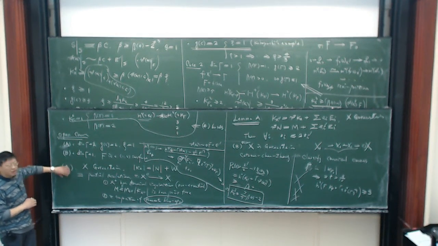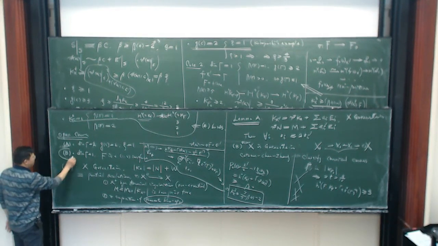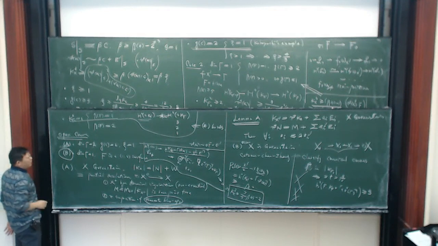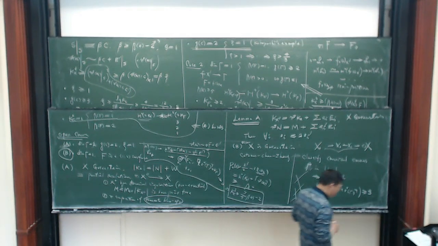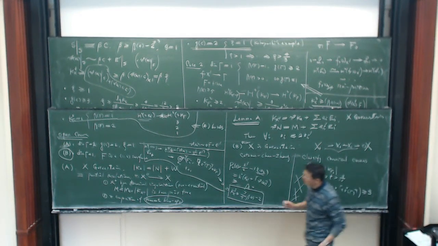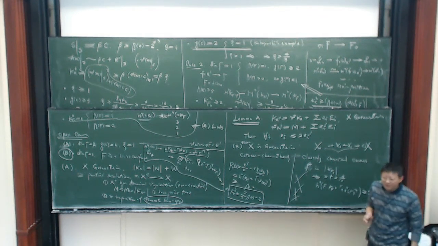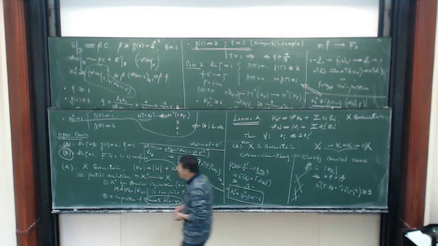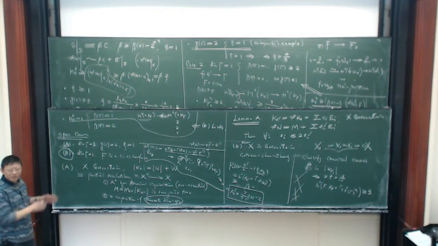For case B, we are still working on it, but a couple of months ago we found that maybe this is true. When we began to write, we found another gap. So I hope finally this will be a theorem, and I hope not very soon we can prove this. Okay, so this is what I want to explain.